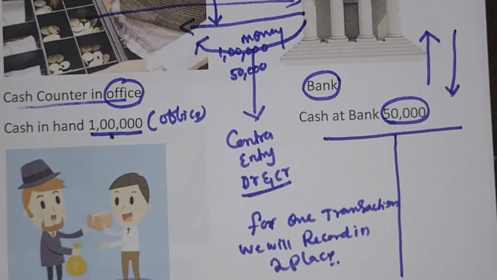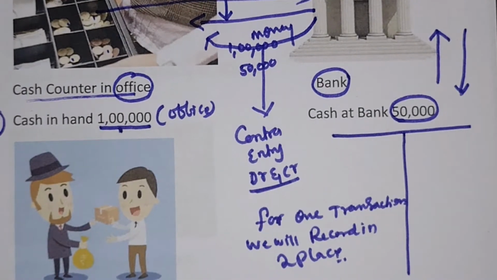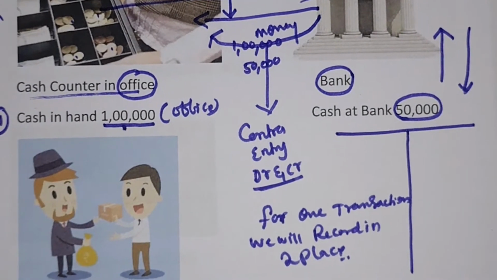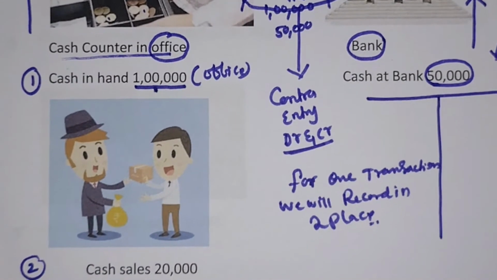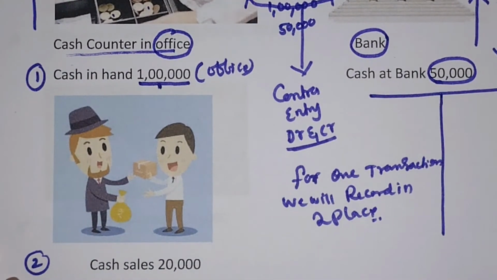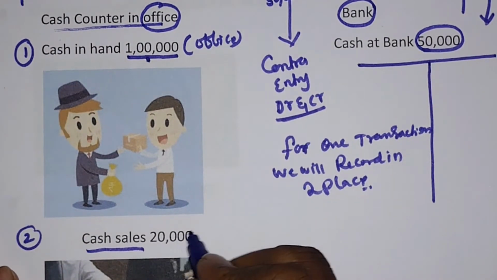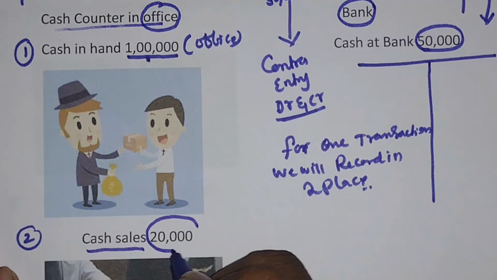Now let me show some pictures, in which we shall find whether it is a contra entry. You see that. Now I have a cash sale. When there is a cash sale, the owner will receive 20,000 rupees.